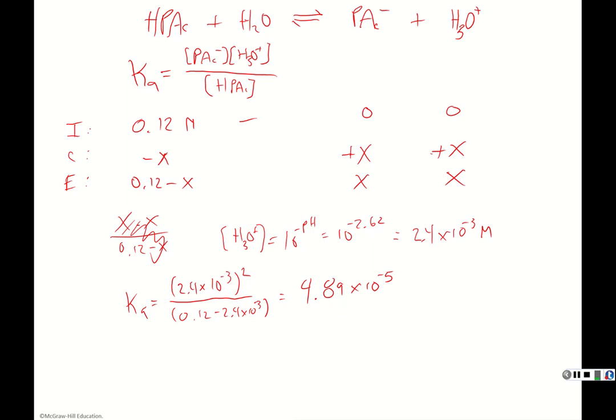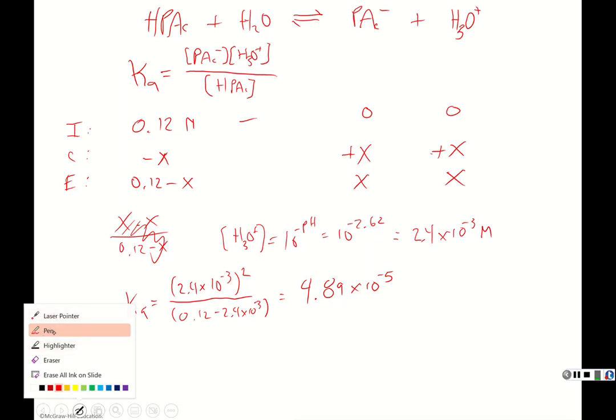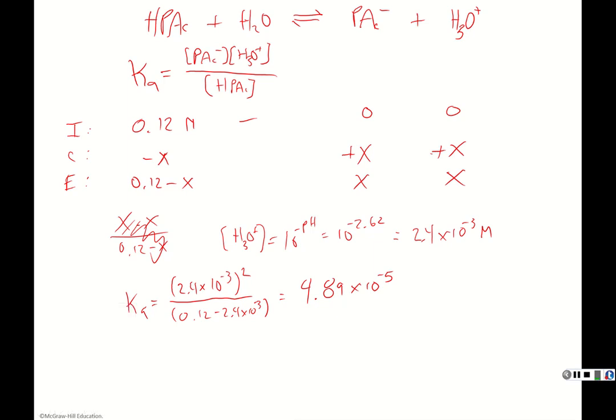But now let's see if we can use a simplifying assumption. Remember, our simplifying assumption was that we would ignore that change in our weak acid and just assume that at equilibrium it's very close to what we started with.